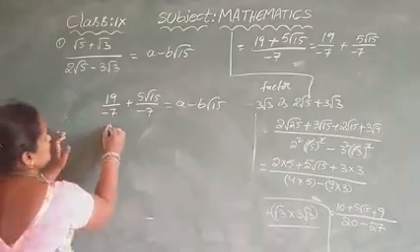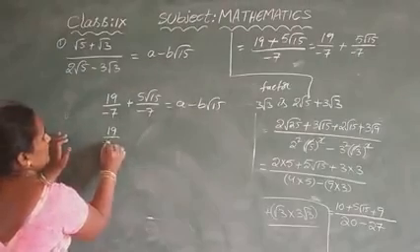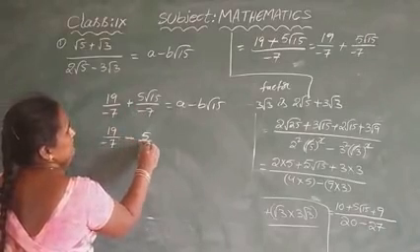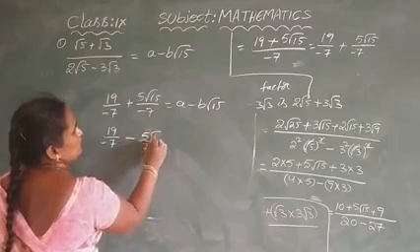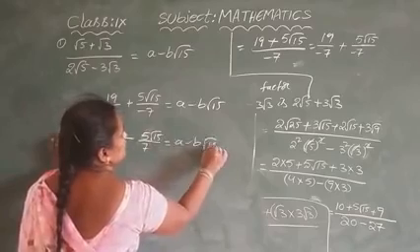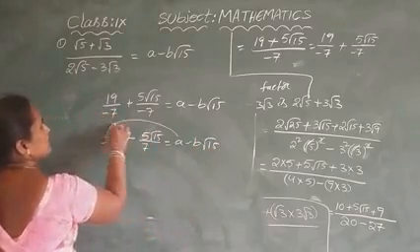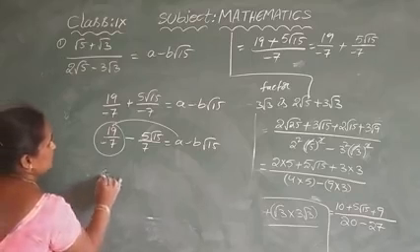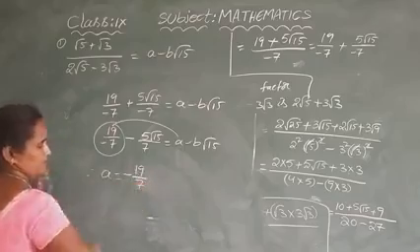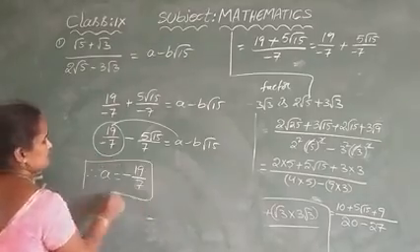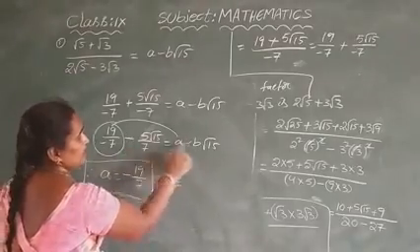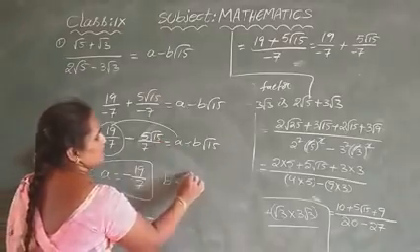So first of all compare this one: 19 by minus 7 plus minus 5 by 7 root 15 equals a minus b root 15. So therefore a is equal to minus 19 by 7. This is a value, and b value is 5 by 7.